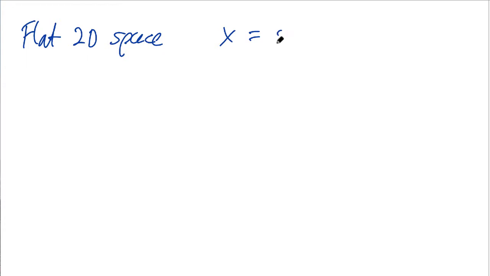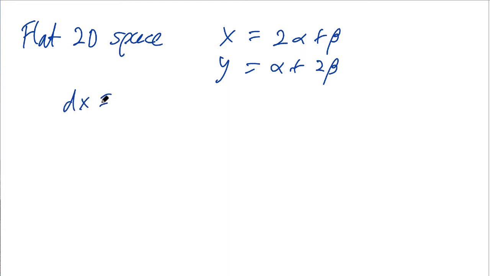So, for example, let's look at flat 2D space. In terms of Cartesian coordinates x and y, let's define new coordinates alpha and beta as x equals 2 alpha plus beta and y equals alpha plus 2 beta. Let's compute the line element in these coordinates.